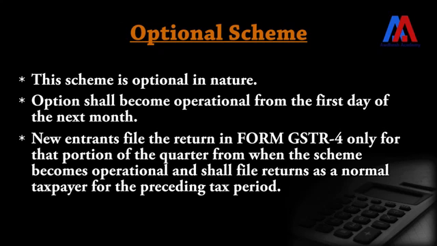The new entrants must file the return in the form GSTR-4 only for that portion of the quarter from which this scheme has become operational, and they shall file the return as a normal taxpayer for the period before this.